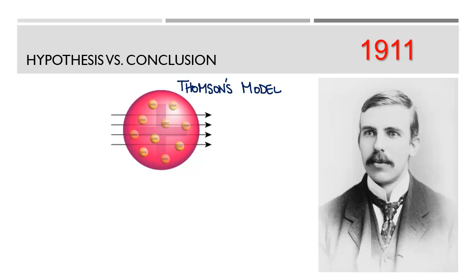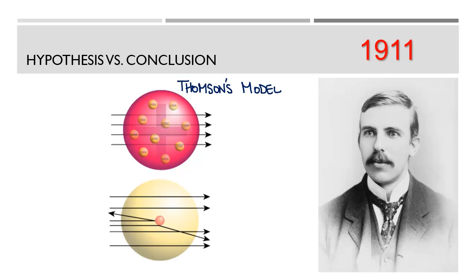And what he did was called the gold foil experiment. It's his most famous experiment. And in this experiment, and I'll explain more about the experiment later, he discovered that Thomson's model, while accurate in the fact that there are electrons, there is no positively charged goo that these electrons are sitting in.